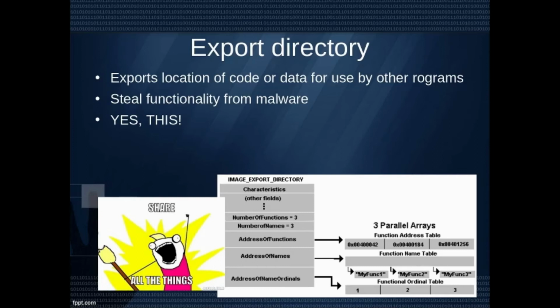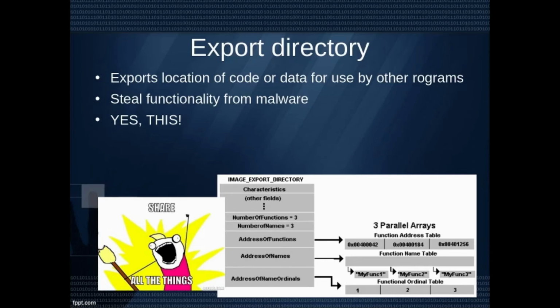So what happens in the export directory is you can have, let's say, 10 exports. These are memory addresses that are going to be used by something. You can either reference these by name or by ordinal, which is just a number. So you've got 3 parallel arrays in this case. Let's say in the last array, we've got 5 entries. They all have a name. If we want to look at where these addresses are, we're going to take the specific index.